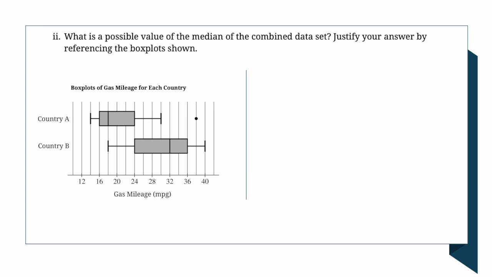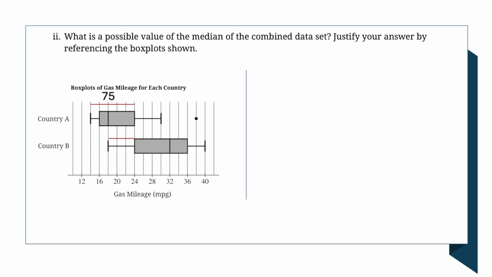Let's look at country A. You know that from minimum to quarter 3, you have 75% of the data values, which is 75% of 100, that is 75 cars right there. When you combine the two distributions, you will get 200 cars, and half of that would be 100 cars. So 100 cars to the left of the median, and we need to have 100 cars to the right of the median.